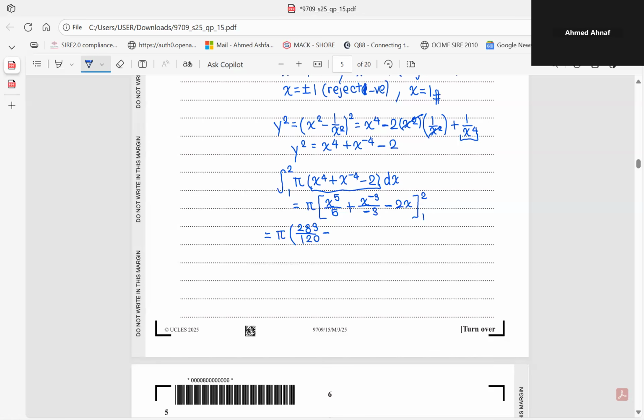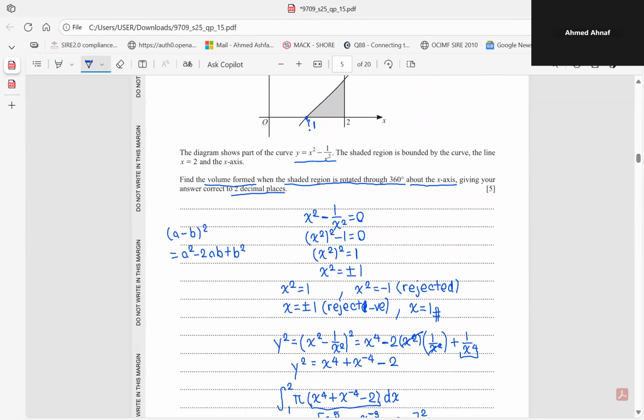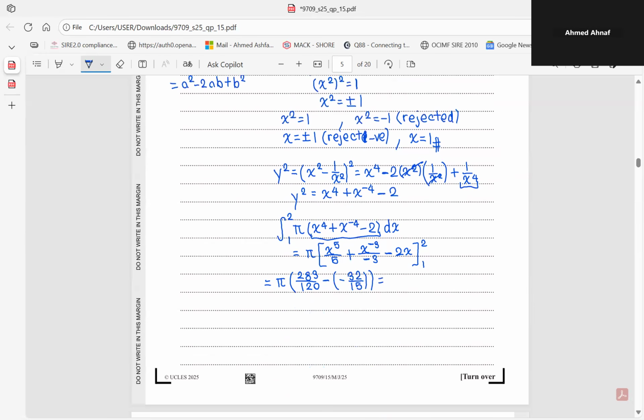when you substitute 1. So you get 1 to the power 5 over 5 plus 1 to the power of negative 3 divided by negative 3, minus 2 times 1. You will get minus negative 32 over 15. So now let's type the remaining expression into your calculator and give your answer to 2 decimal places.